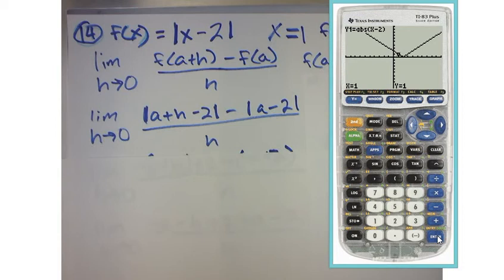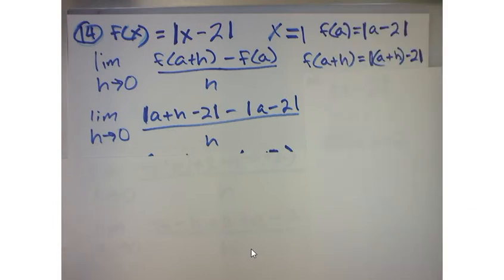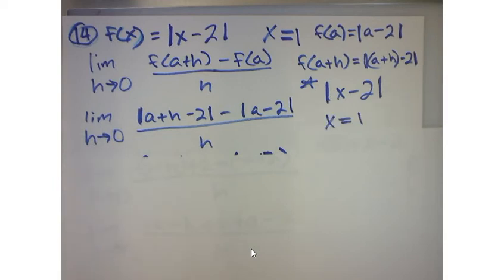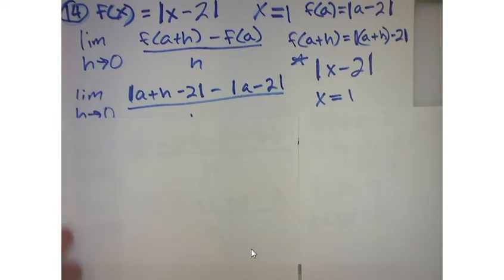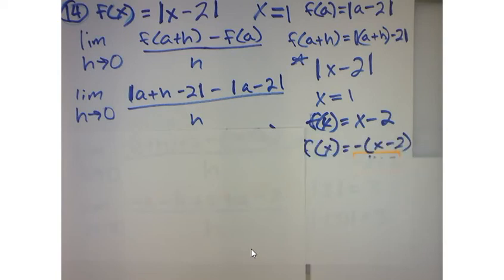So I wanted to think of it in terms of a piecewise function. Then I started thinking algebraically: the absolute value of this when x equals 1, there are two things I could think about. The regular function, which is x minus 2, and then the opposite of that function, which would be minus the quantity x minus 2, which if I distribute the negative sign through the parentheses, would be negative x plus 2.